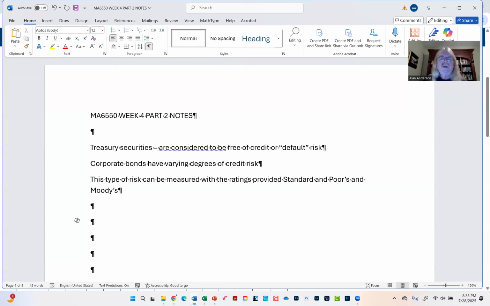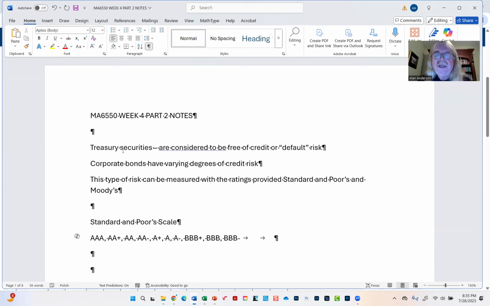And so at least the Standard & Poor's scale looks like this. You start with AAA, then you have AA plus, AA, AA minus, A plus, A, A minus, triple B plus, triple B, triple B minus. Then we cut it off here, and these are the investment grade bonds, as they're called.